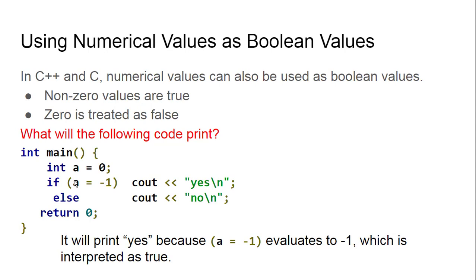The reason is this expression a equals -1 also has a value, which is -1. So -1 is assigned to a, and is also treated as the value of the whole expression. Assignment is an operator. A equals -1 is an expression. It has a value, and the value is -1. And -1 is not 0, so it's treated as true. So this will evaluate to true, and we will print out yes.